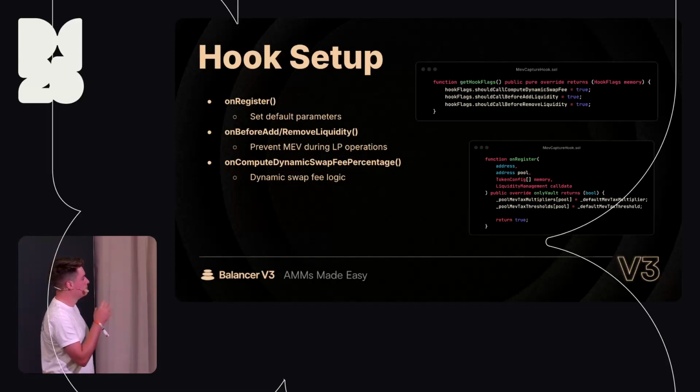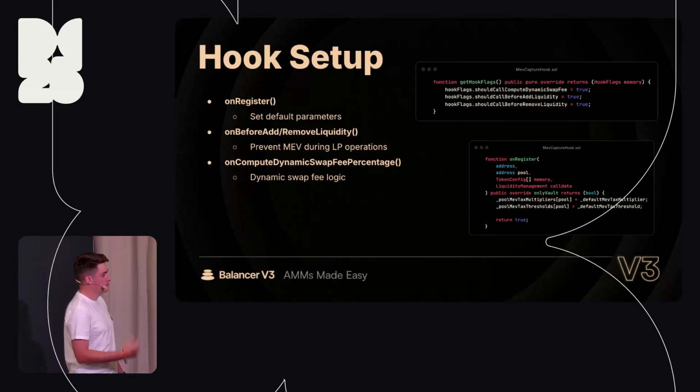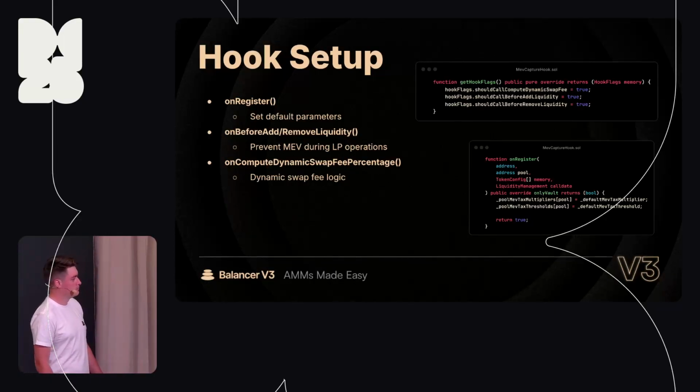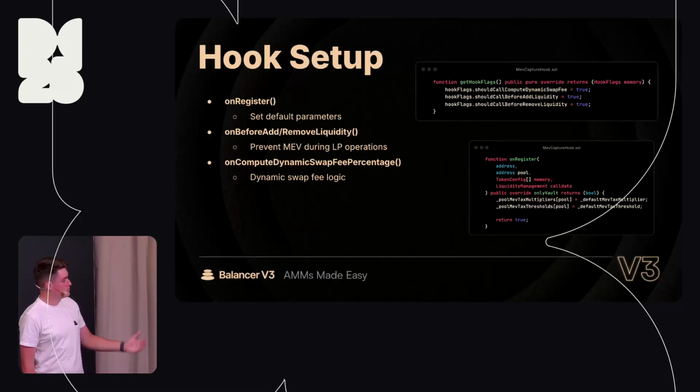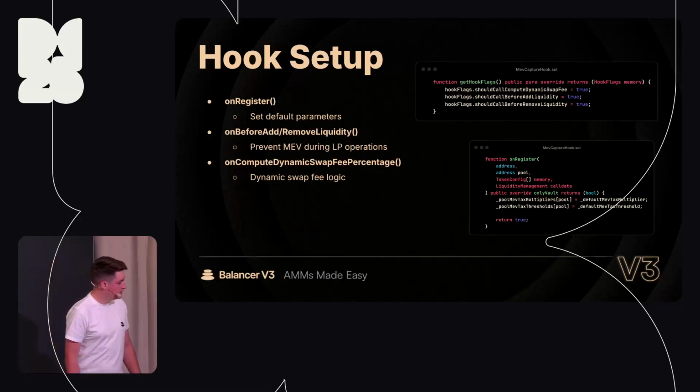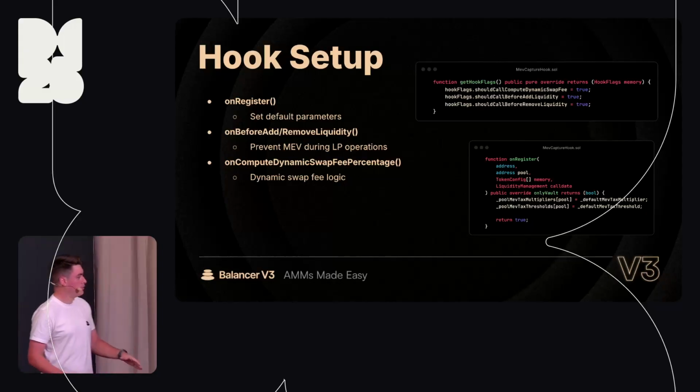So setting true for these three hooks, default should call. And then upon registration, this is the simplest one. We just have this default multiplier and the default threshold for all the pools, but that's actually also configurable upon registration. The pool owner, the swap fee manager, can actually change that.